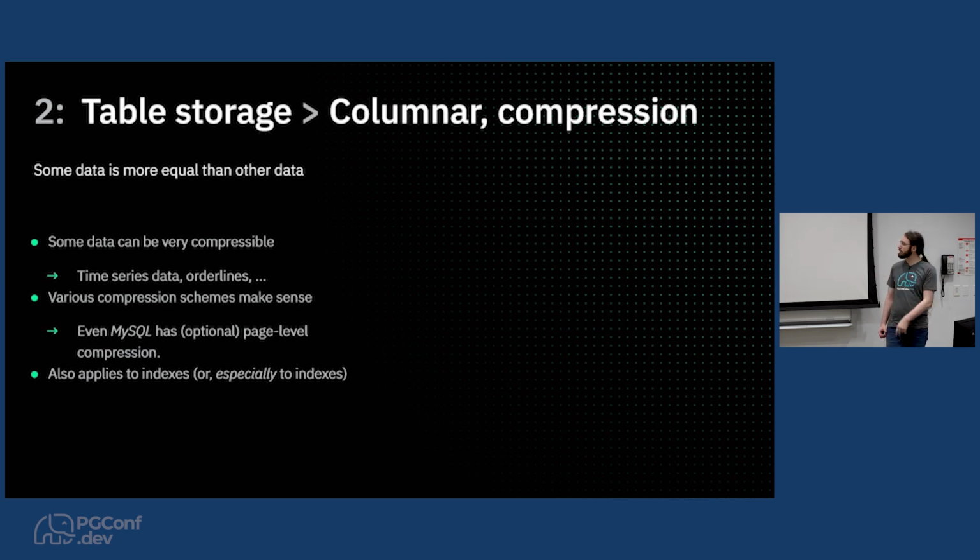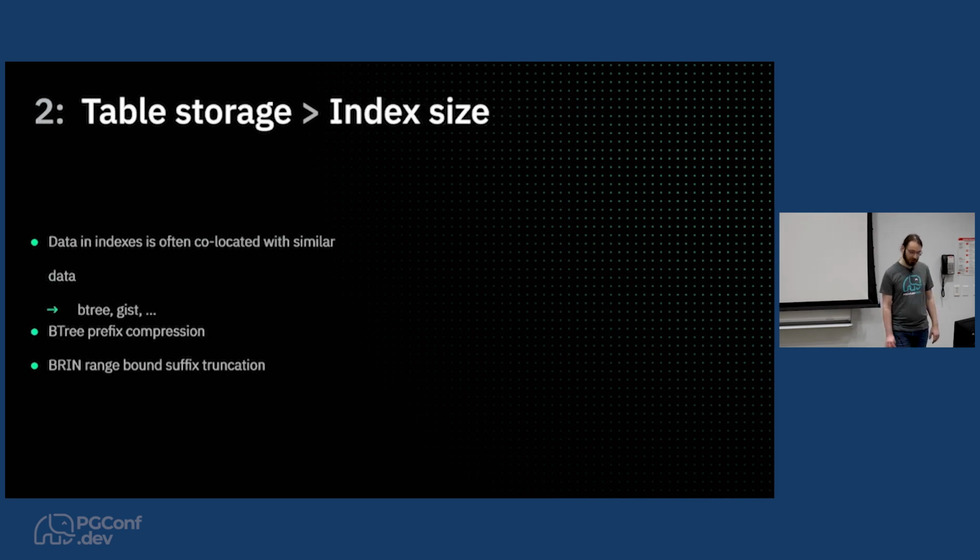This also applies to indexes, or especially to indexes, because indexes have a lot of similar data on the page, or at least that is usually the case. Hash indexes may be less accurate, but for most indexes it's quite similar data. So we should really check out if we can compress the data of index pages much better. That brings me to the next item. The data is essentially always co-located.